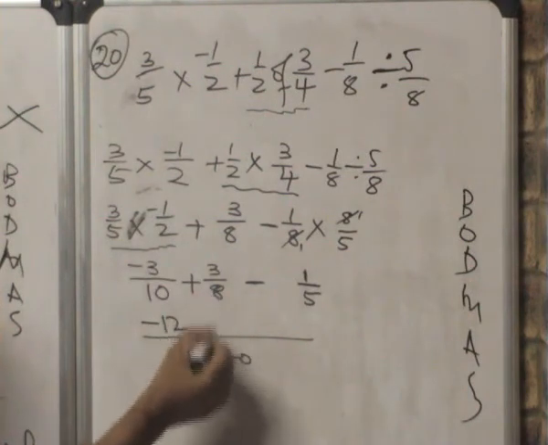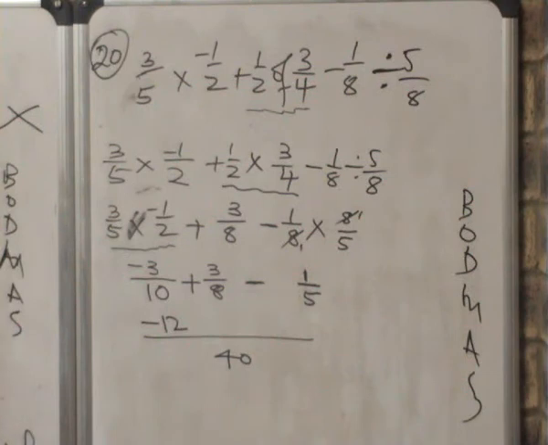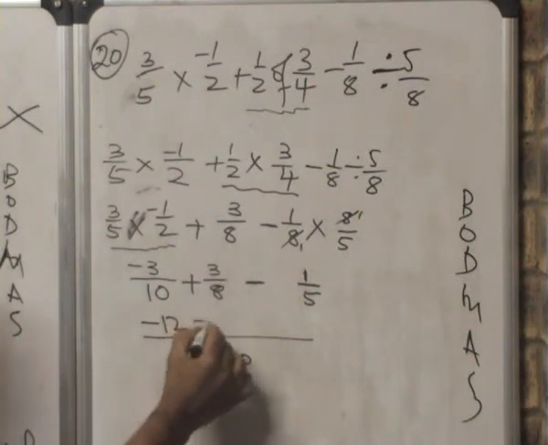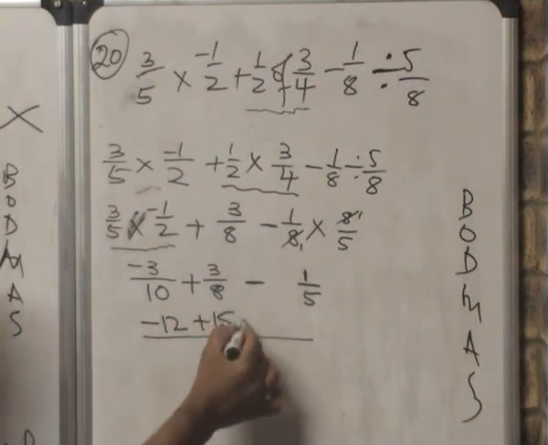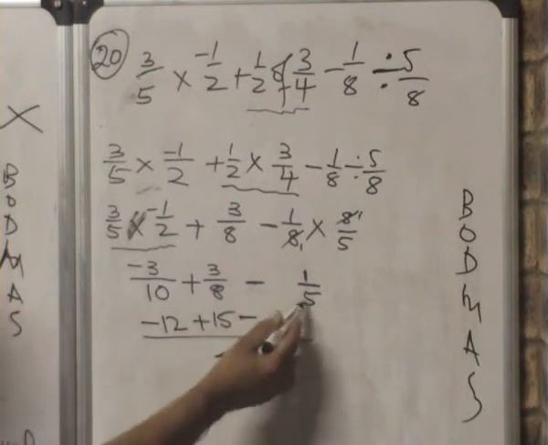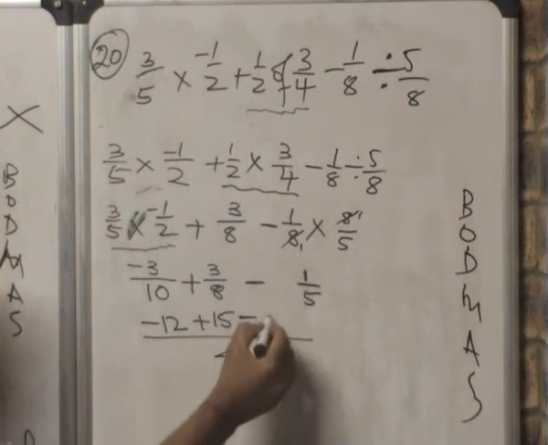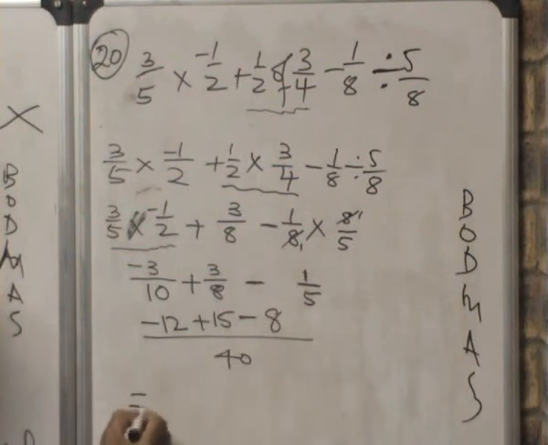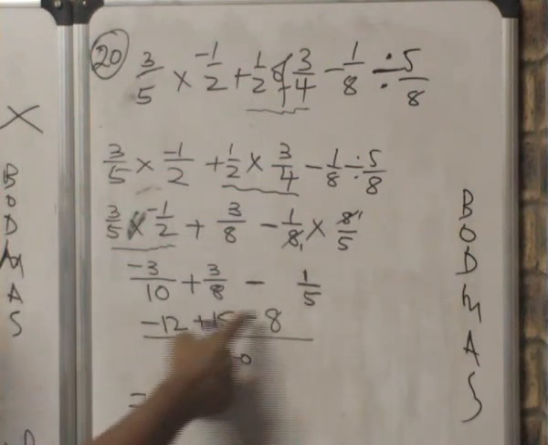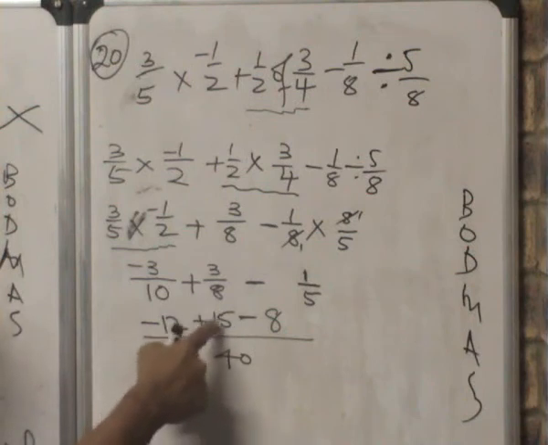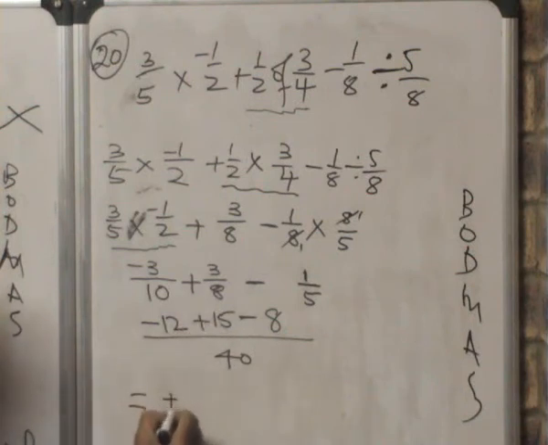Next step. 8 divides into 40 5 times. 5 times 3 is 15. 5 divides into 40, 8 times. 8 times 1 is 8. Now moving from left to right, minus 12 plus 15 will give you plus 3 minus 8 all over 40.